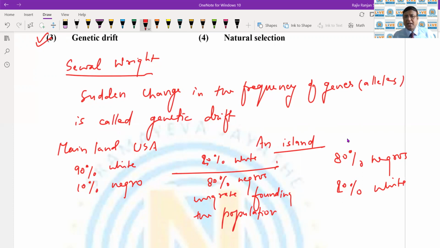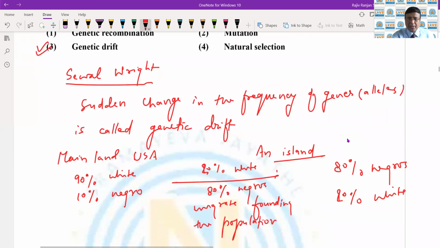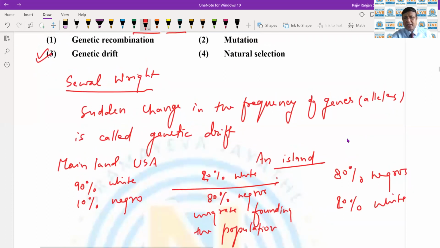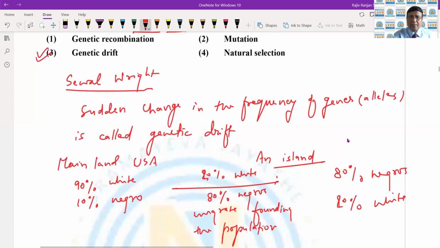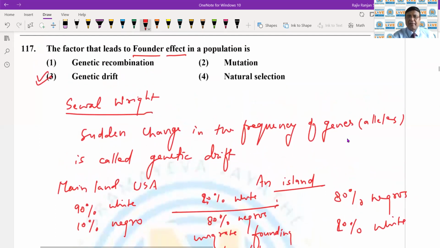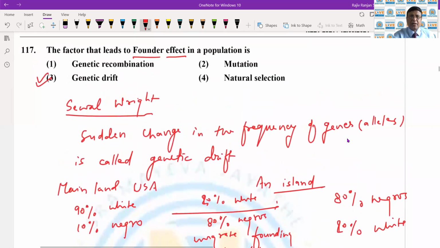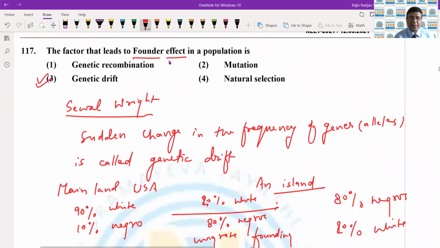The population of this island will evolve with respect to that particular gene in an altogether different direction. So here again genetic drift is playing its role, but it is due to the foundation of a new population. This is called the founder's effect. It is also an effective way of allelic frequency change and subsequent direction determination of evolution.